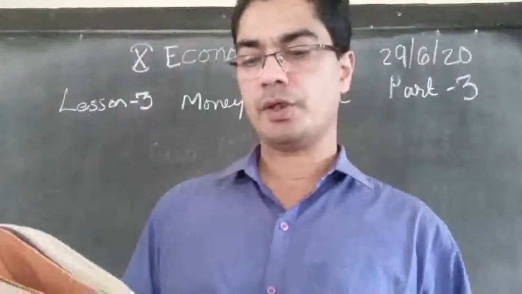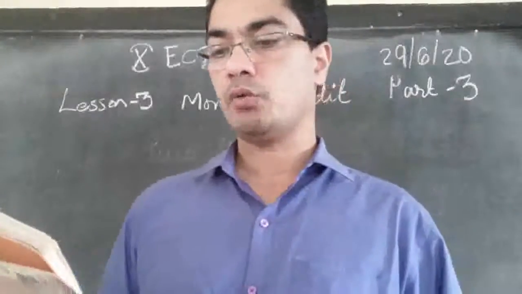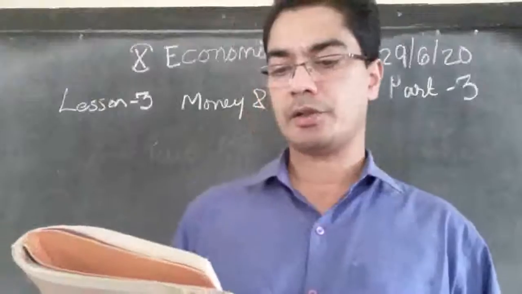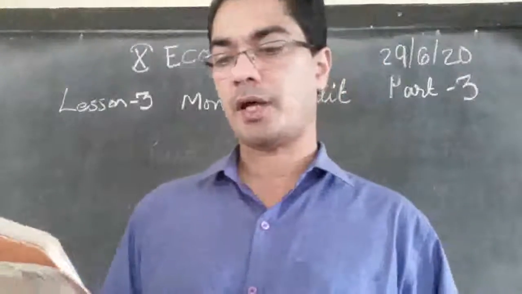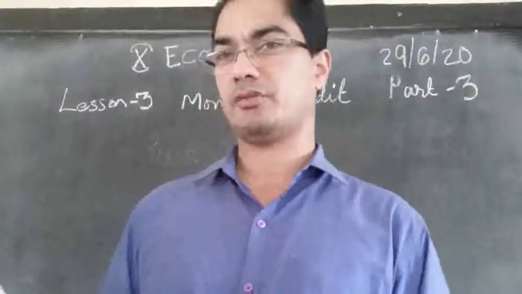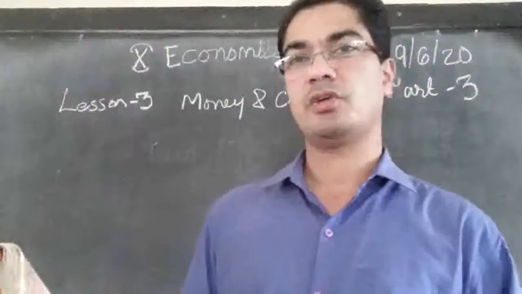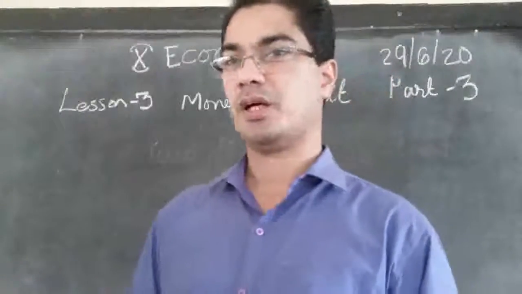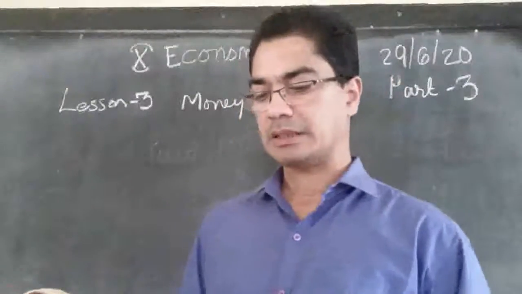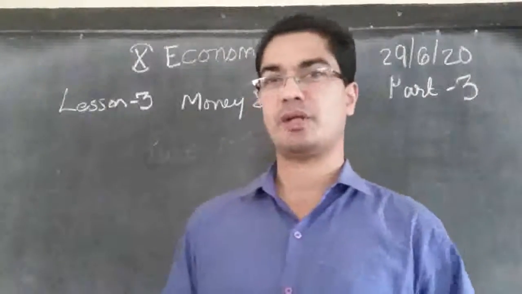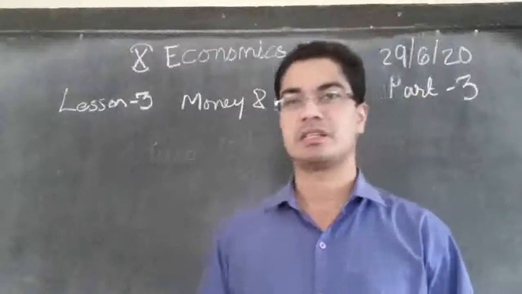Till a few years back, he would borrow money from the village moneylender at an interest rate of 5% per month, that is 60% per annum. So he used to go and take money from the village moneylender, and he has to pay 60% per annum. At the end of the year he has to pay how many percent?